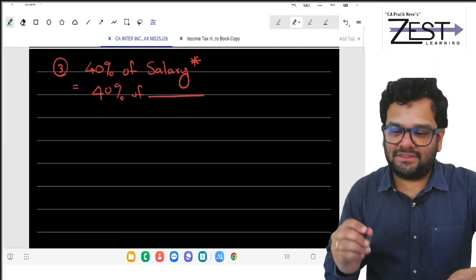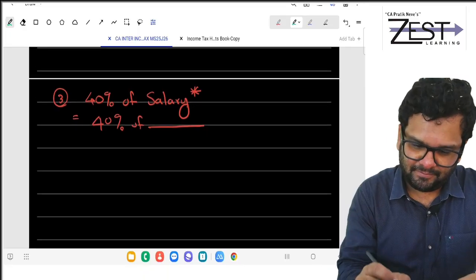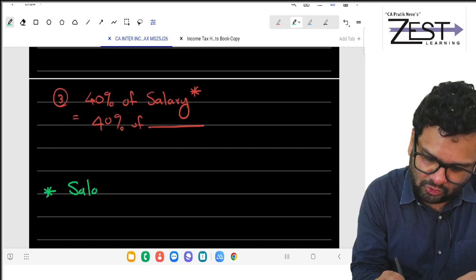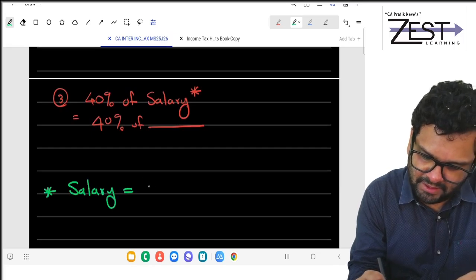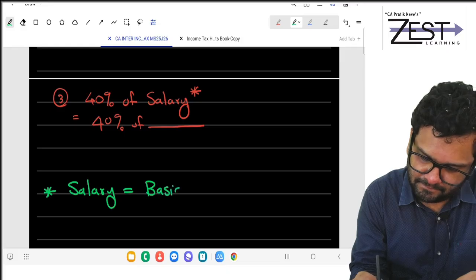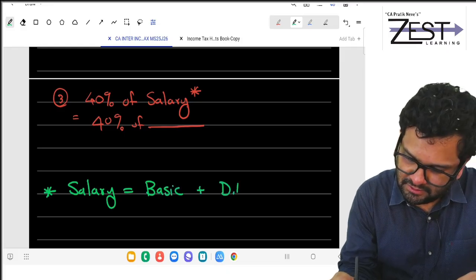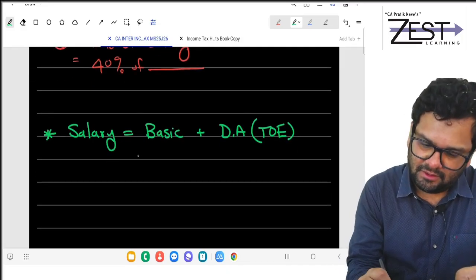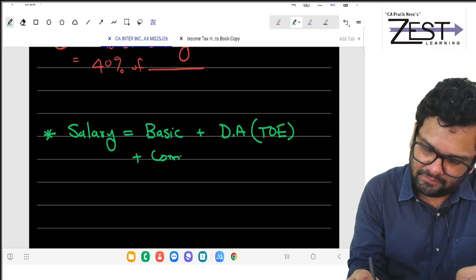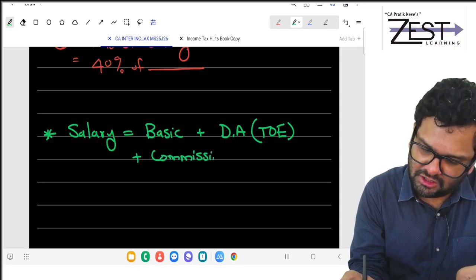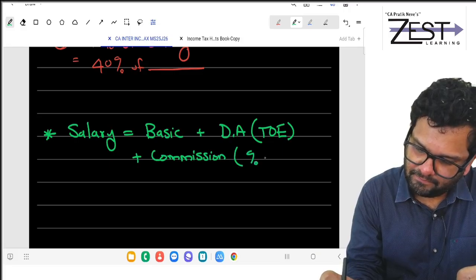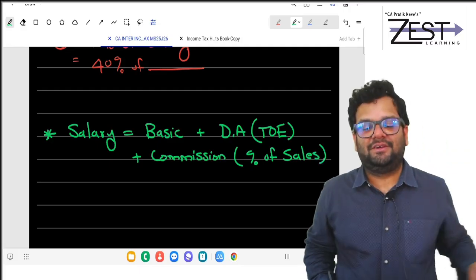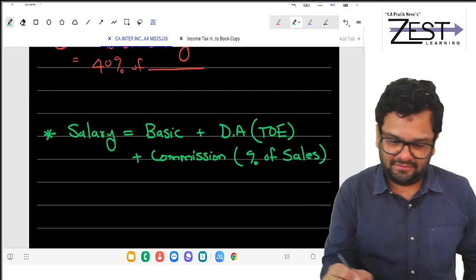So right here, salary's definition. So write down salary equal to basic plus DA, which DA? Terms of employment plus commission. Which commission? Percentage of sales. So friends, what is your basic?